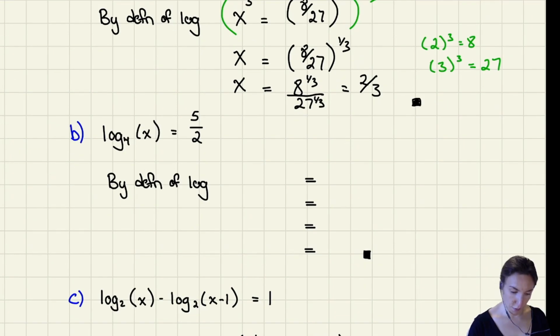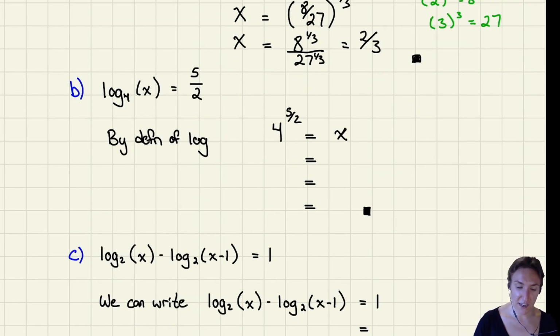So let's first convert this expression here. So log base 4 of x is equal to 5 over 2. Let's now change this to exponential form by the definition. So what is our base? Our base of this log is 4. Okay, we have that the log expression is equal to 5 over 2. And this is equal to my x here.